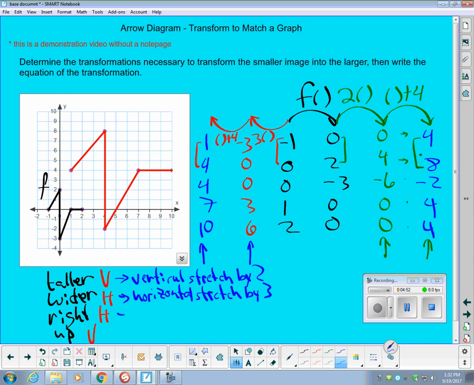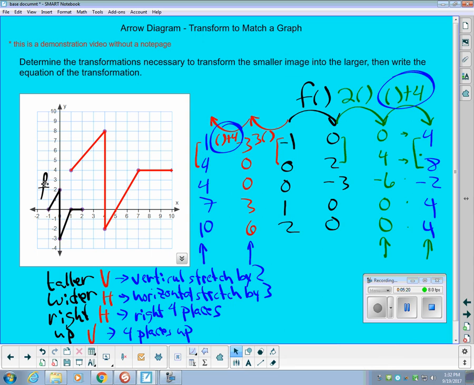To the right, it moves to the right exactly 4 places. Okay, 4 places to the right because of this 4 over there, not the one on the other side. And it is 4 places up because of this 4 over there on the output side. Okay, so I'm going to describe the transformations that are in there.